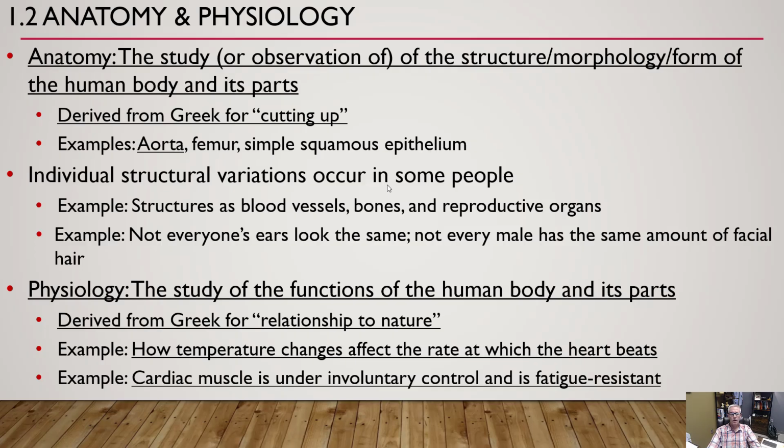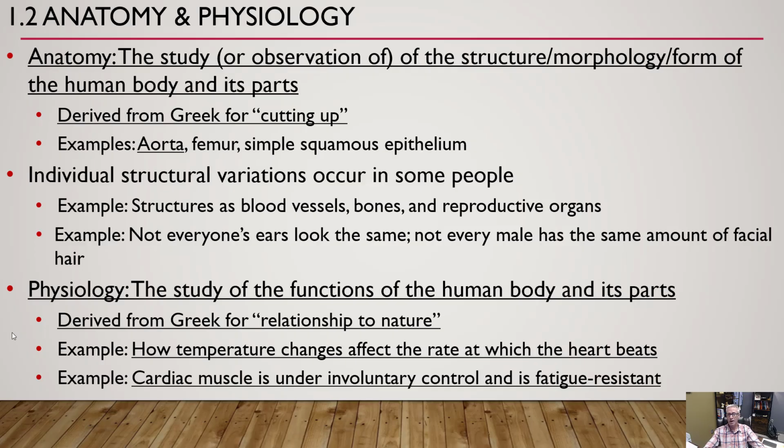And we have various structures that might not be common in all people. Females have different reproductive organs than males do. Athletes have a better cardiovascular system and more blood vessels than non-athletes do.